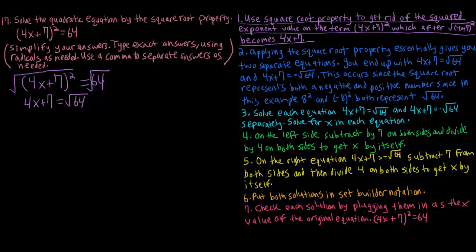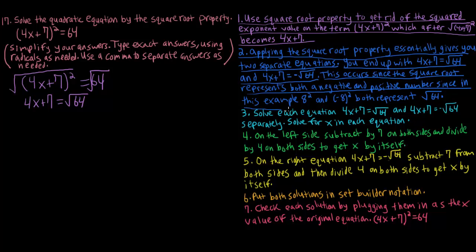Now for step 2, applying the square root property essentially gives you two separate equations. You end up with 4x plus 7 equals the square root of 64, and 4x plus 7 equals negative square root of 64. This occurs since the square root represents both a negative and a positive number, since in this example 8 squared and negative 8 squared both equal 64.